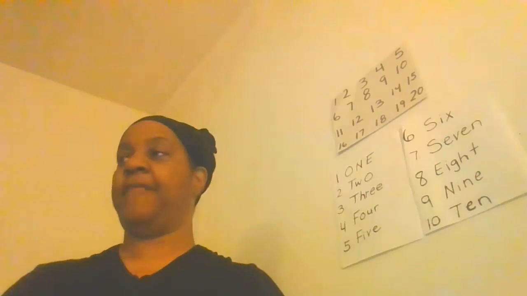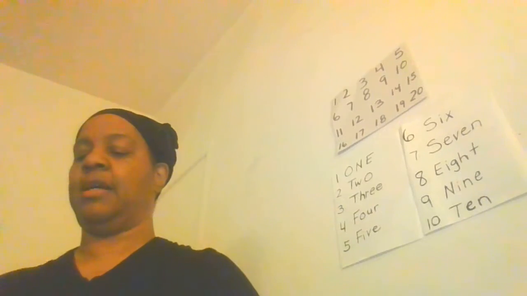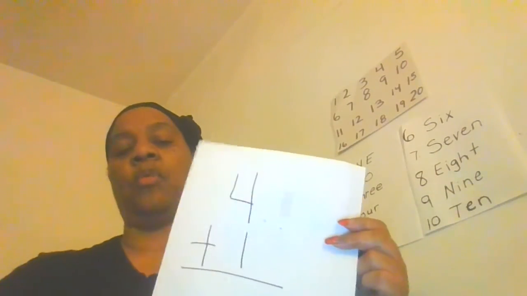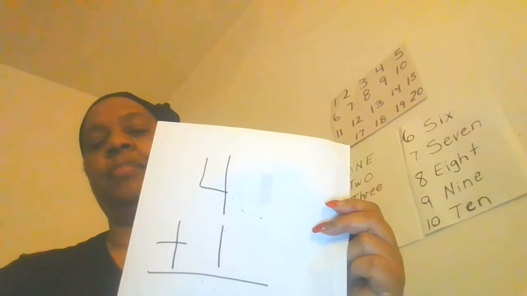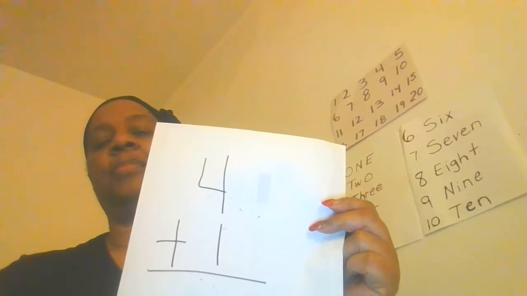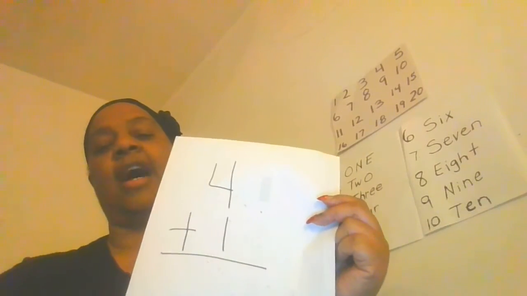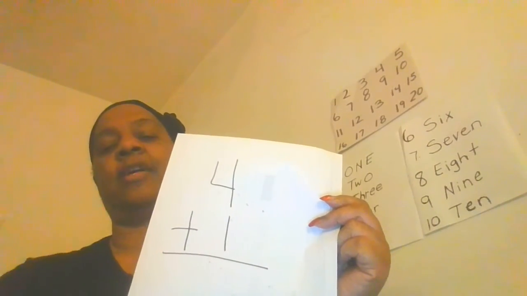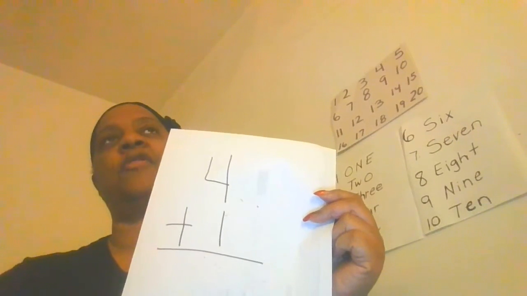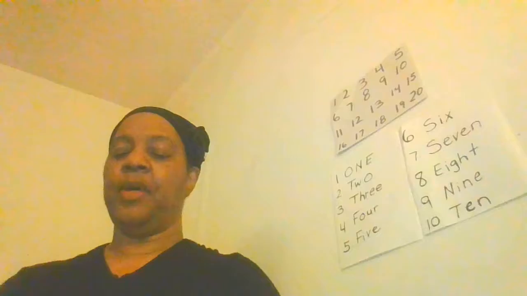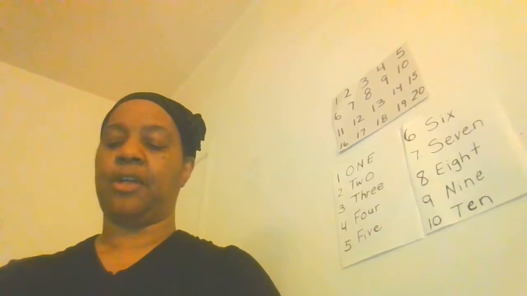Okay? If I gave you a paper that had the number 4 and the number 1, what would you do? If you weren't sure, you could decide to make circles, triangles, squares, whatever you like to figure it out. I like triangles.